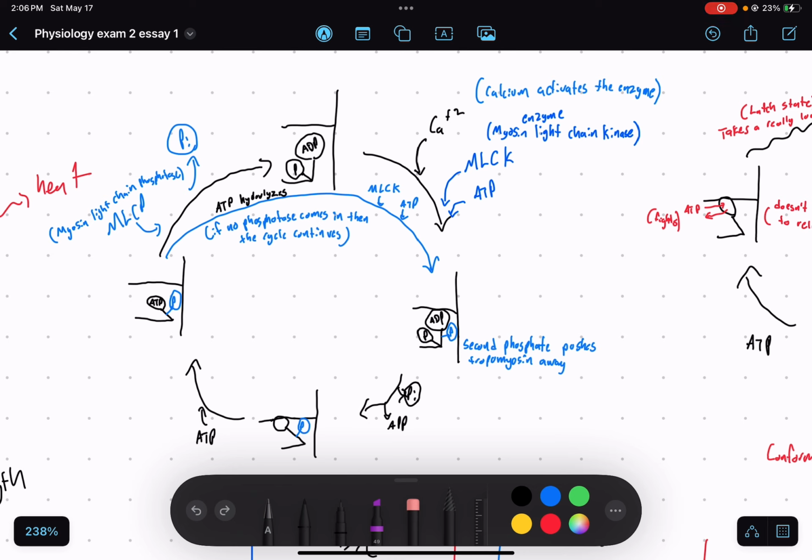Whenever you move from your recovered state or your beginning state to attach to the actin, whenever the tropomyosin is removed, you have your MLCK, which is your myosin light chain kinase, meaning it's going to add a phosphate from ATP onto that myosin chain, which pushes the tropomyosin away. And the calcium, of course, is activating this.